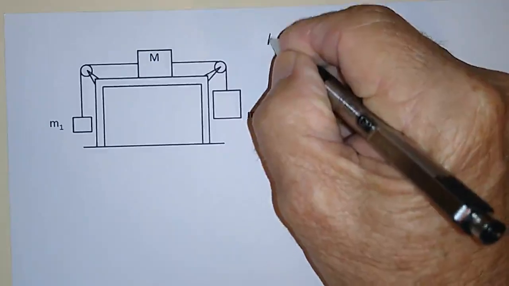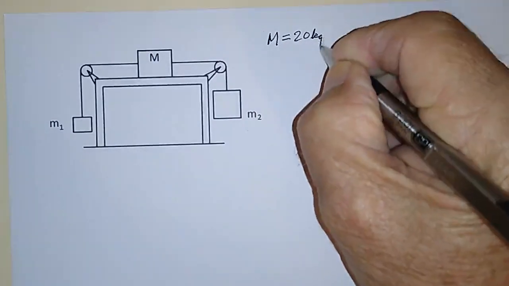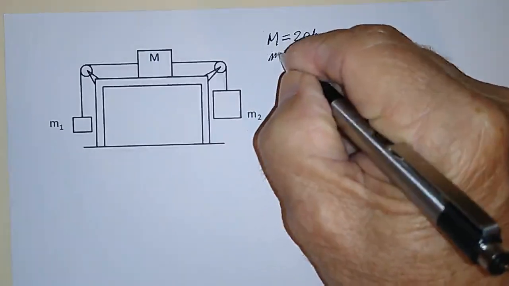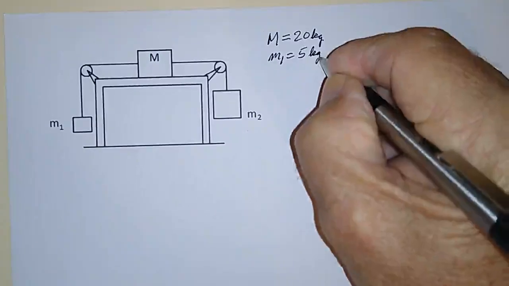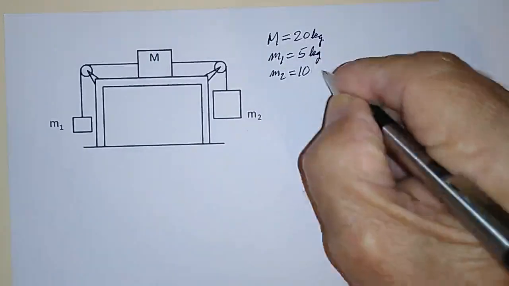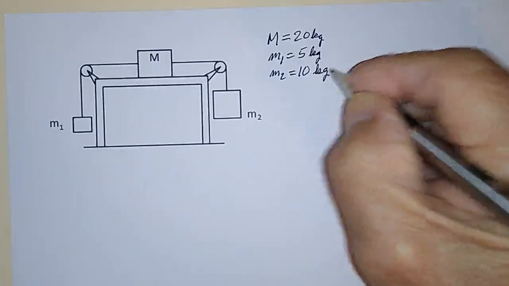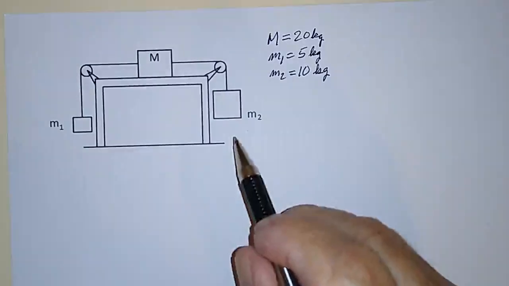Let's say that M is equal to 20 kilograms, little m1 is equal to 5 kilograms, and little m2 is equal to 10 kilograms. So this whole thing is going to accelerate clockwise.